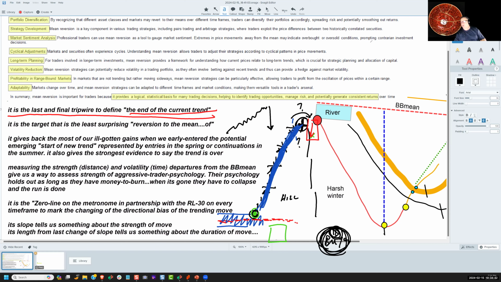And so on a perfectly normal day, you're going to see price on either side of that routinely. So the RL10 cannot be used as a measure of normality to trigger an exit. So the RL10 goes up and the RL10 goes down.